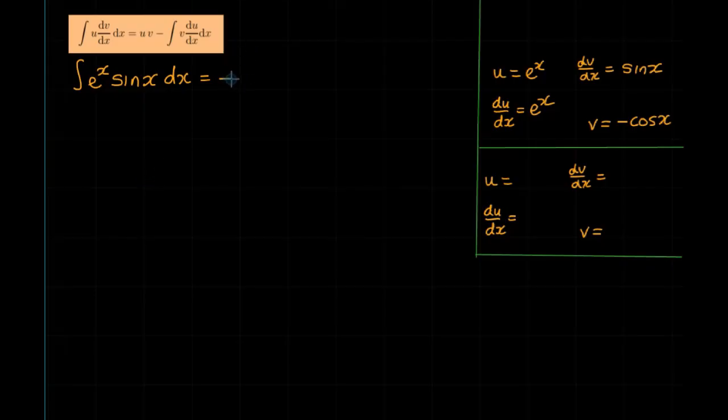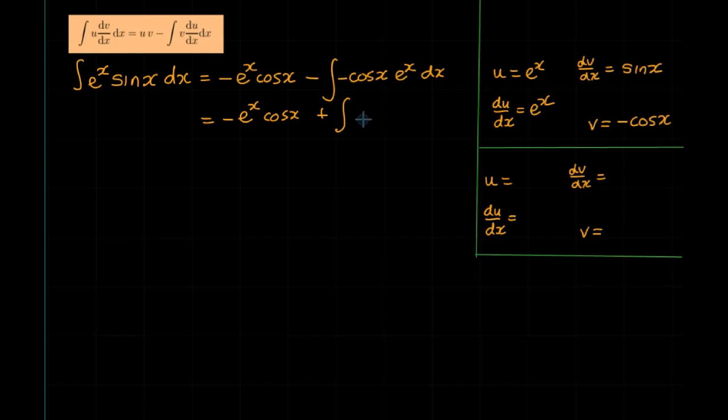We've got minus e to the x cos x minus the integral of minus cos x times e to the x. Well, let's just simplify that before we go any further. That's minus e to the x cos x plus the integral of e to the x cos x dx.